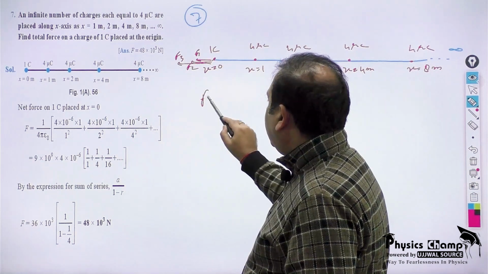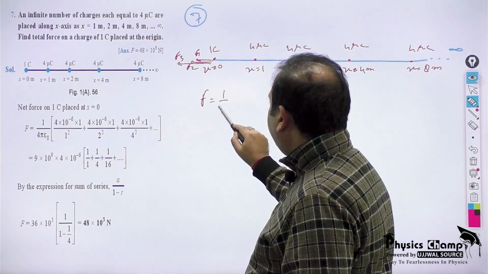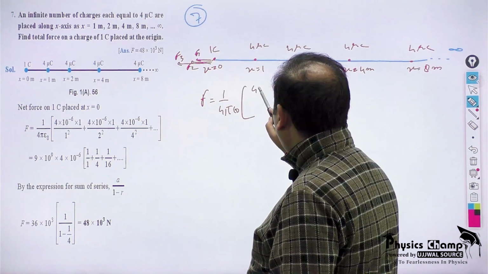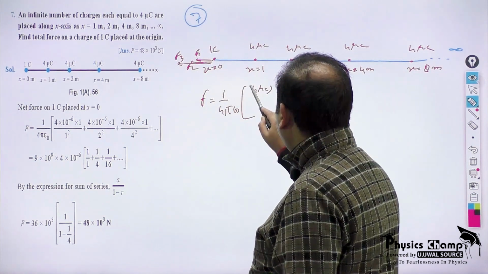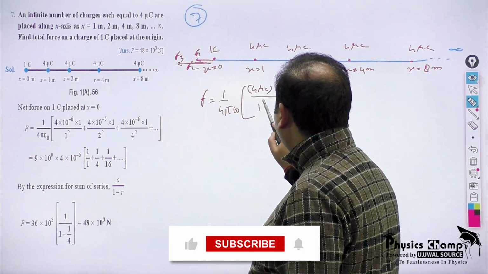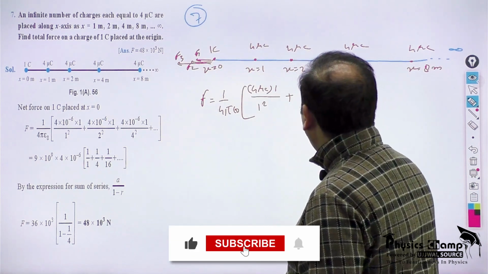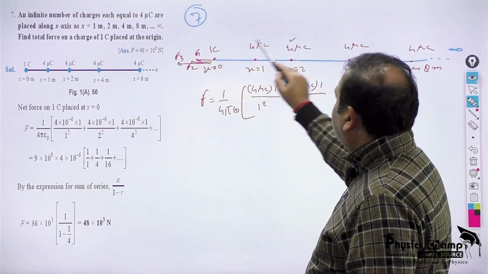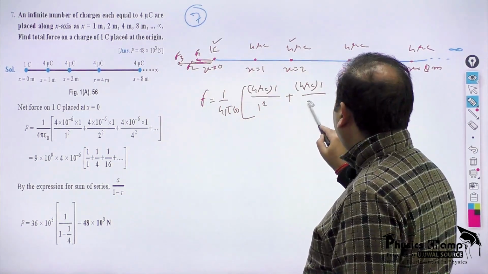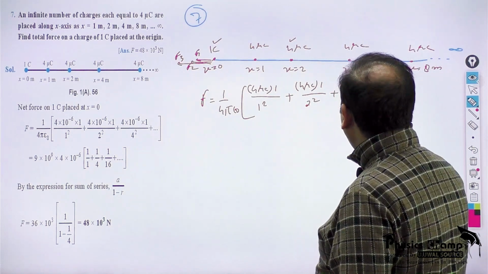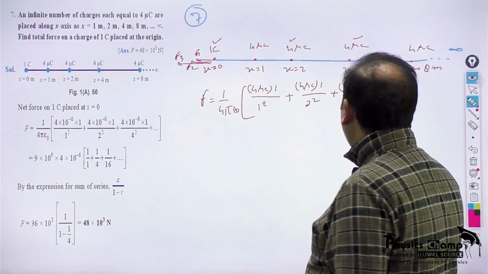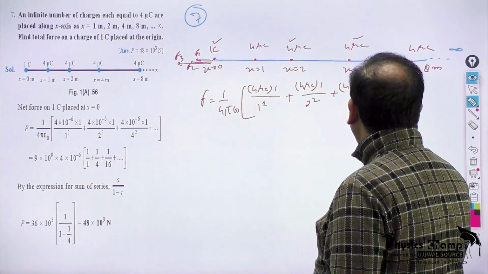So the net force on the 1 coulomb charge will be 1 by 4 pi epsilon naught into 4 microcoulomb into 1 divided by 1 square, plus 4 microcoulomb into 1 divided by 2 square, plus 4 microcoulomb into 1 divided by 4 square, their respective distances.